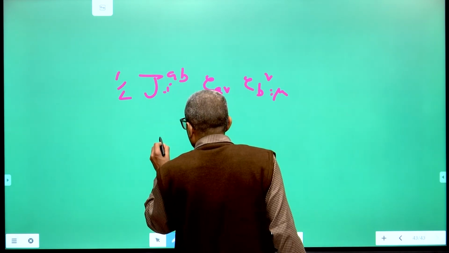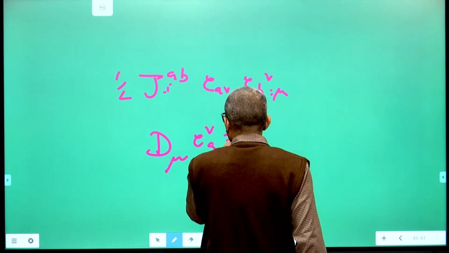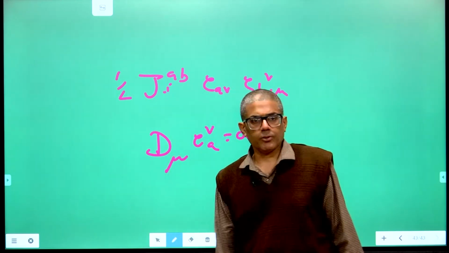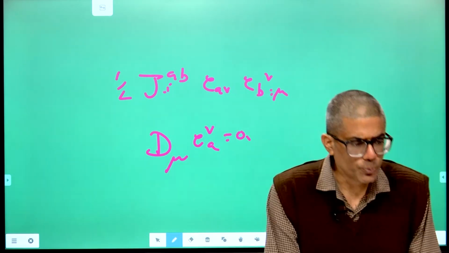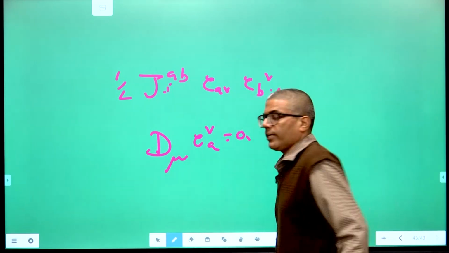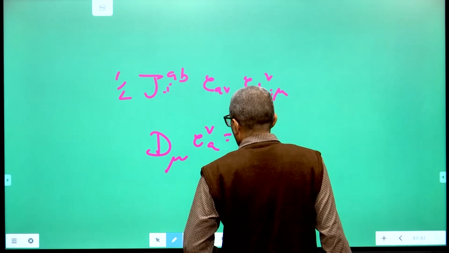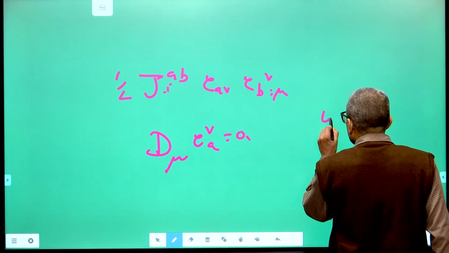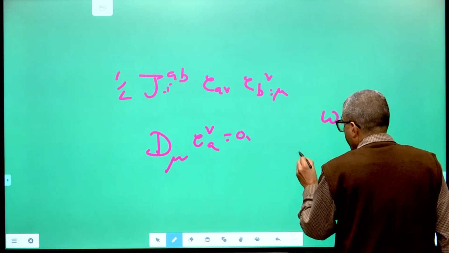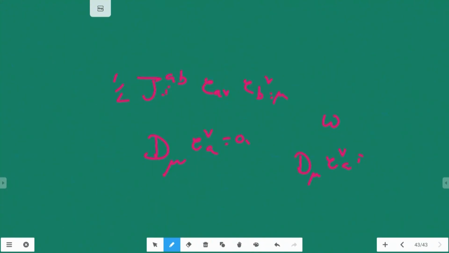Another way to see this is that you require that the covariant derivative D_μ of E_ν^A must be 0. A natural condition to put on the spinor connection is that the covariant derivative of the tetrad should be 0, just as the covariant derivative of the metric tensor with respect to the Christoffel connection is 0. So you write D_μ acting on E_ν^A. First this is the covariant derivative with respect to the μ index, so it first acts on the index ν.